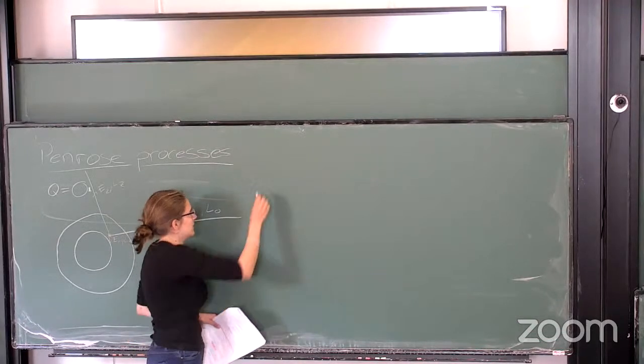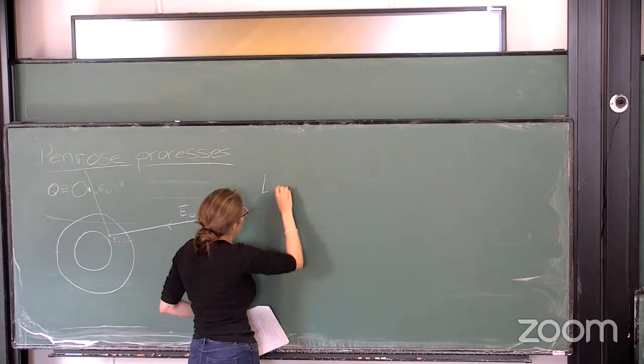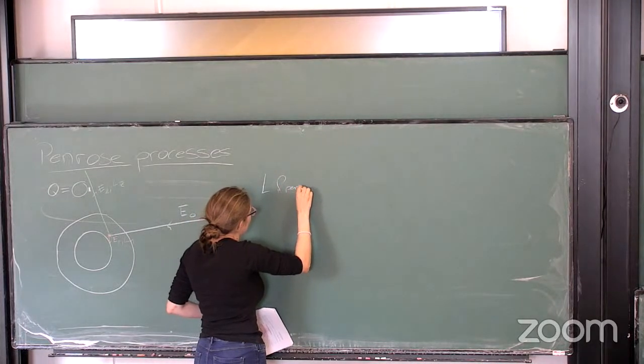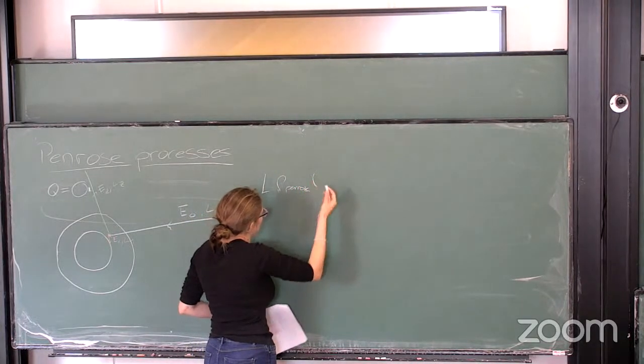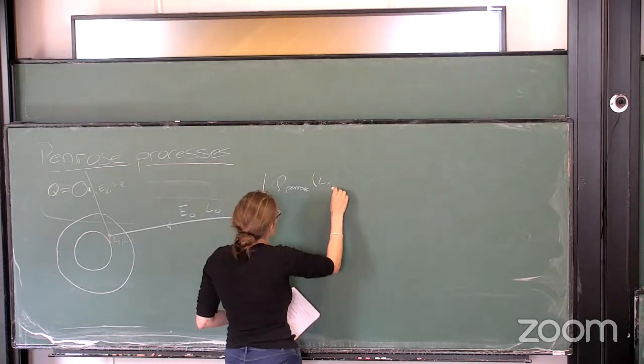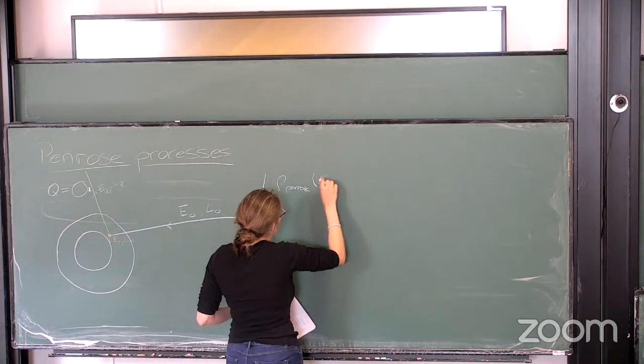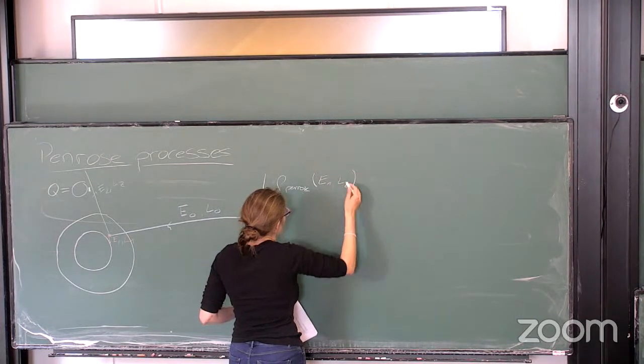So we have this Penrose process, that's P, which I label by what the incoming or the infalling particle has for angular momentum and energy.